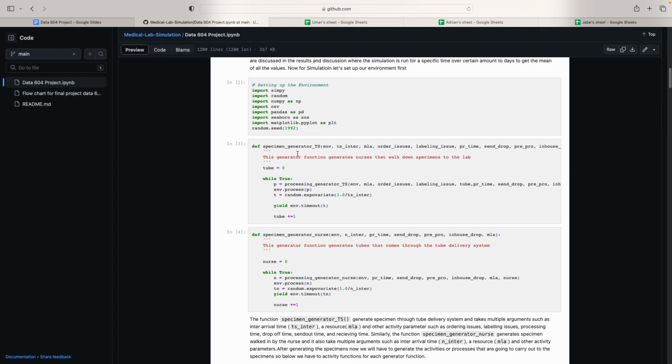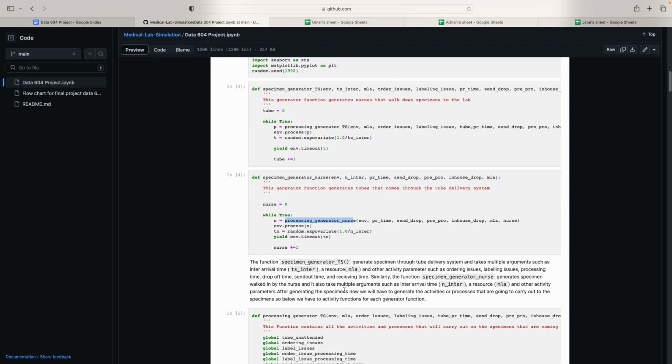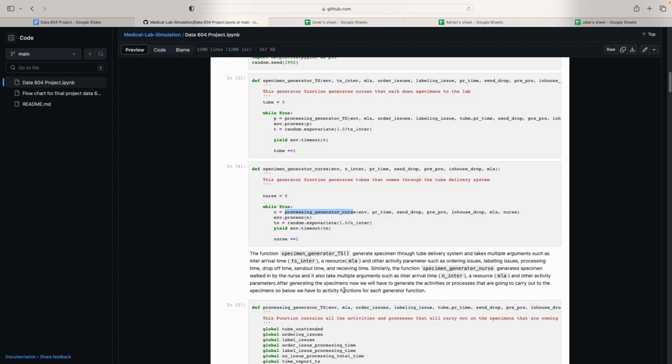This generator function utilizes another generator function for the activity or processing of this tube system, the tube delivered specimens. Similarly, for the nurse, there's another generator function, which covers all the activities or processes carried out on the specimens.